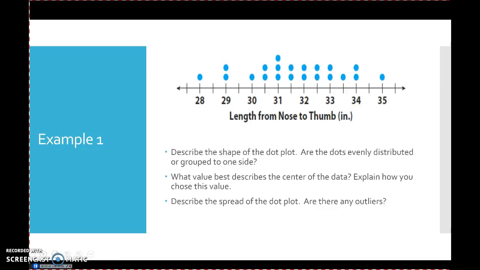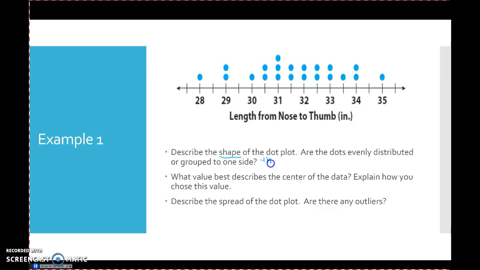The dot plot shows the different lengths in inches of the so-called yards for 7th grade students in a class. So first it says, describe the shape of a dot plot. So like we just wrote in our definition, shape is going to be the symmetry and distribution. So I would say, and it says, are they evenly distributed or grouped to one side?